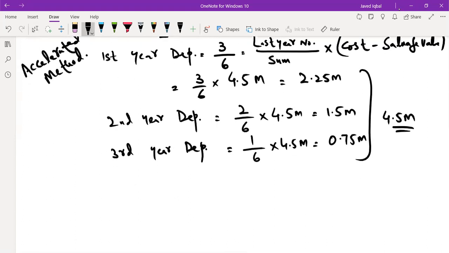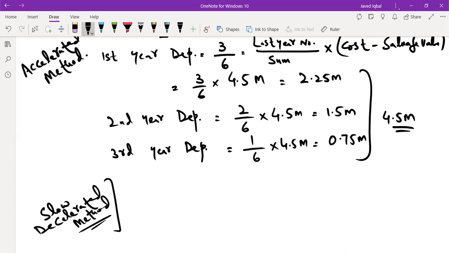If it is slow, or generally called the decelerated method, but normally it's not in practice these days. So your third year's depreciation would become the first year's. How? First year depreciation was 1 by 6 by 4.5.